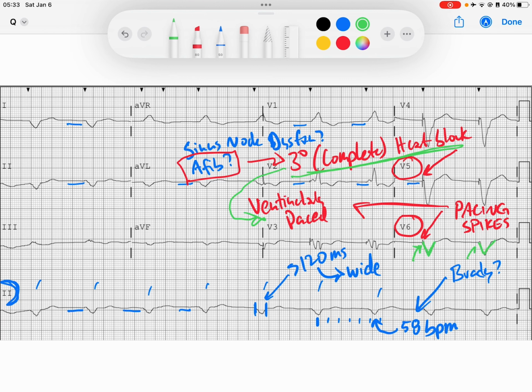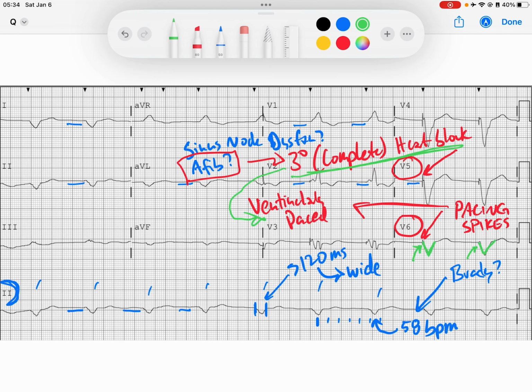That is why this person has a regularized rhythm in the setting of AFib: the rate of the ventricular depolarization is due to the ventricular pacemaker and not due to the fibrillatory waves that would irregularly pace the ventricles. So what is our diagnosis for this individual?